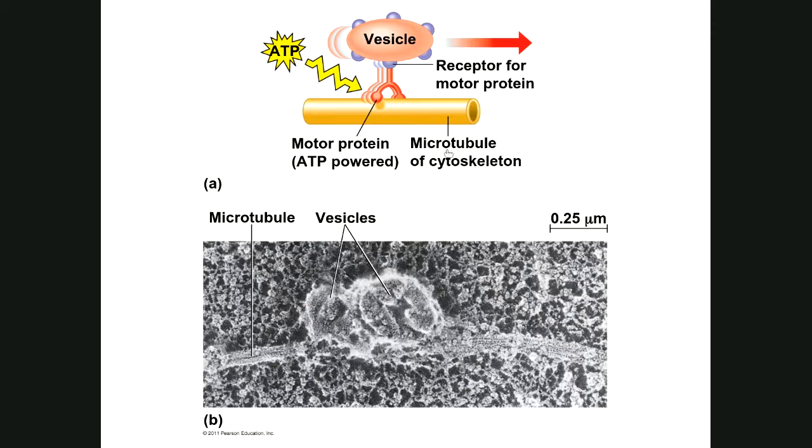It will use these microtubules like a rail system or like a roadway. And the motor protein will walk along only the microtubules, transporting substances in a cell intentionally from point A to point B.